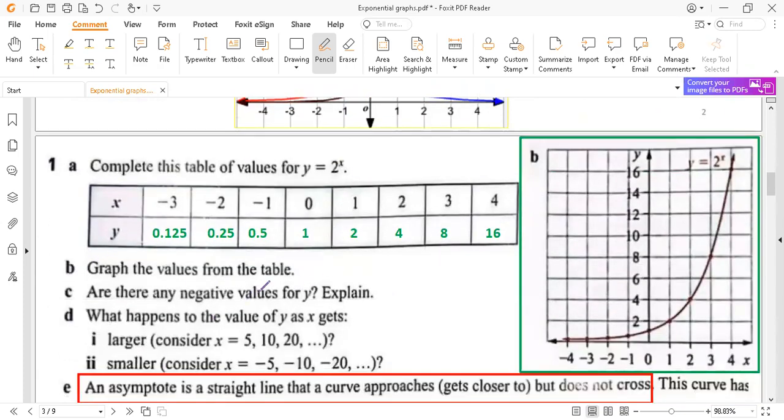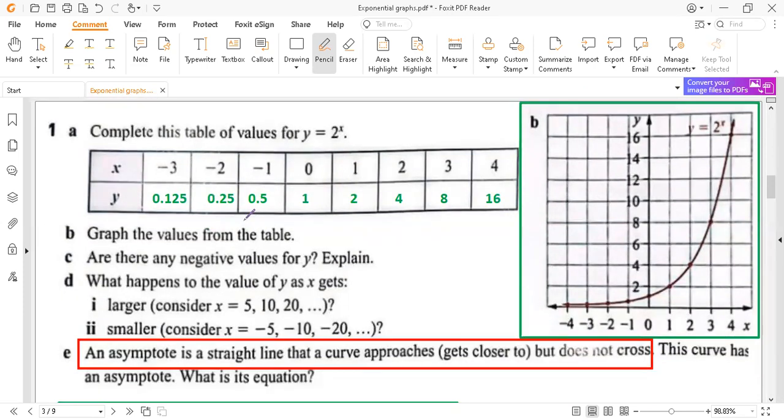Okay, next. In the first exercise, we have to complete this table of values for y equal to 2 power x. So when x equal to -3, when x equal to -2, when x equal to -1.